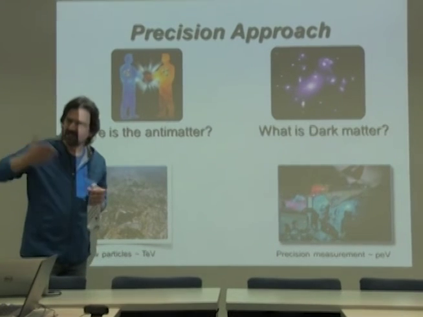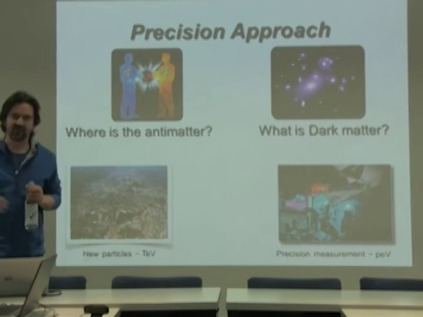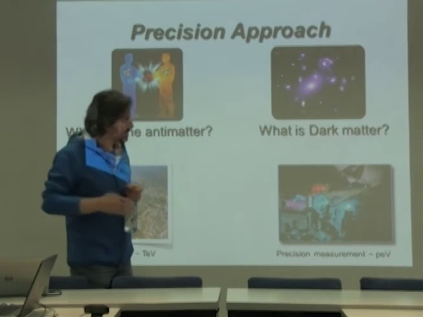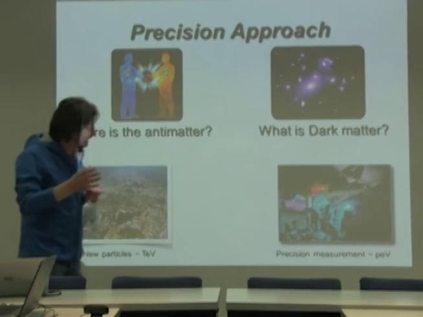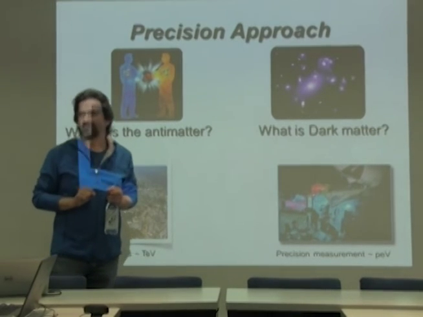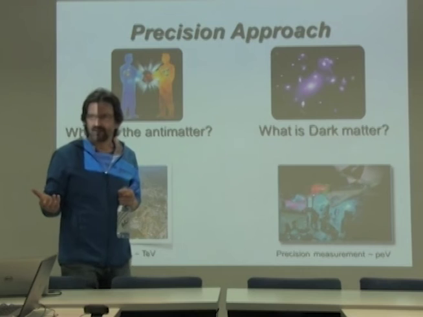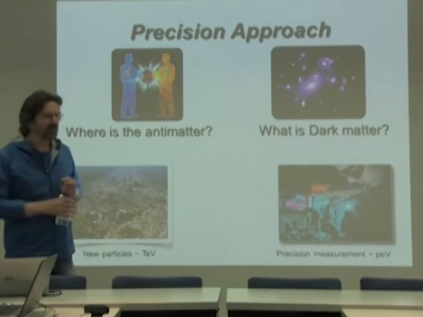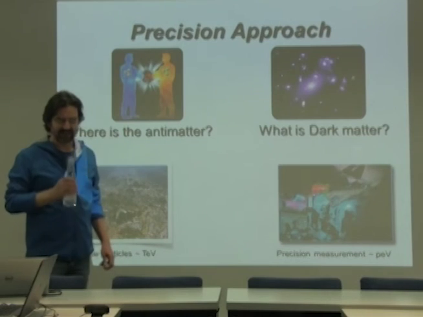So we actually get many, many digits of precision on a particular quantity, and that allows us to see if the measurement deviates a little bit from our expectations. We can say, well, that might be due to something which we had not included in the standard model yet.